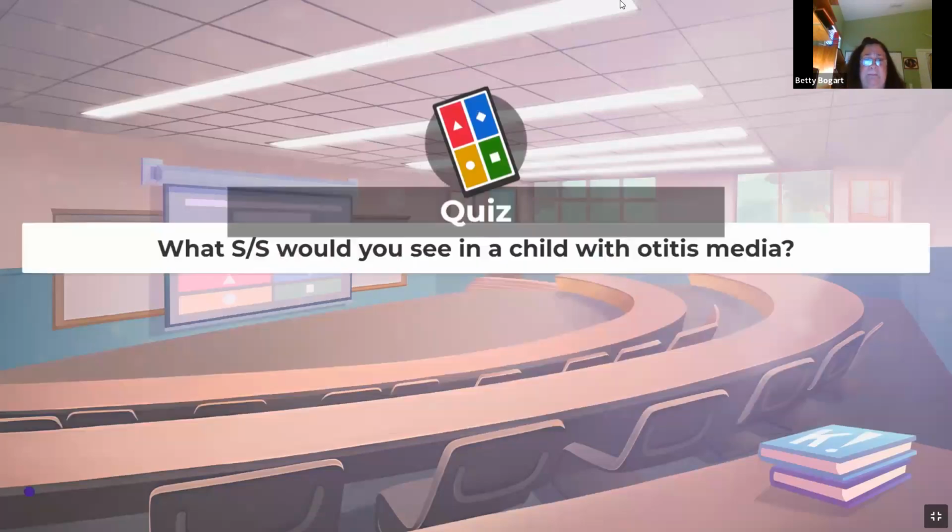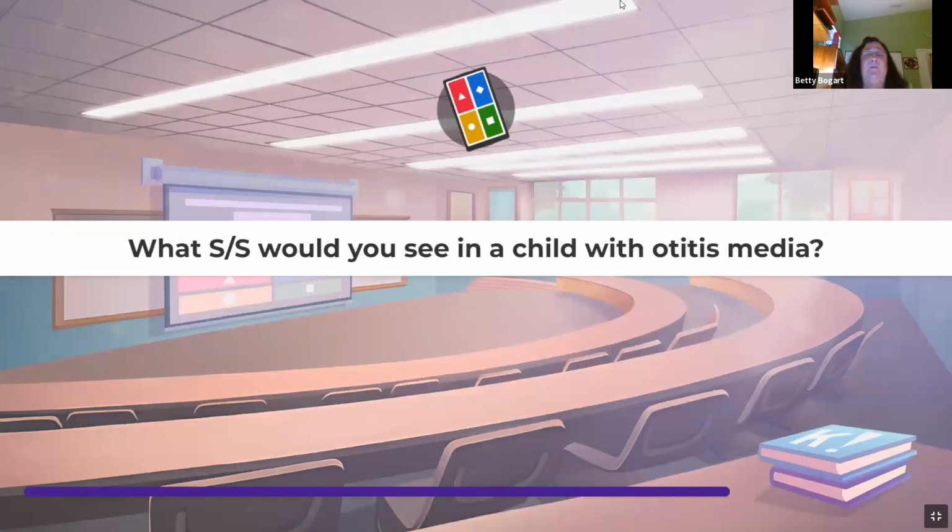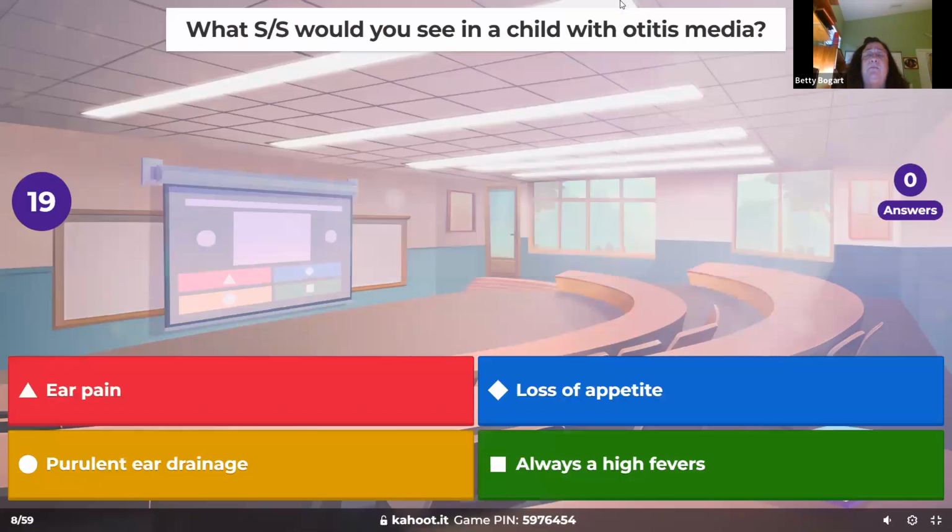What signs and symptoms would you see in a child with otitis media? Remember, children have little short, narrow, wide open tubes that connect the ears to the throat, and everything's short and close.